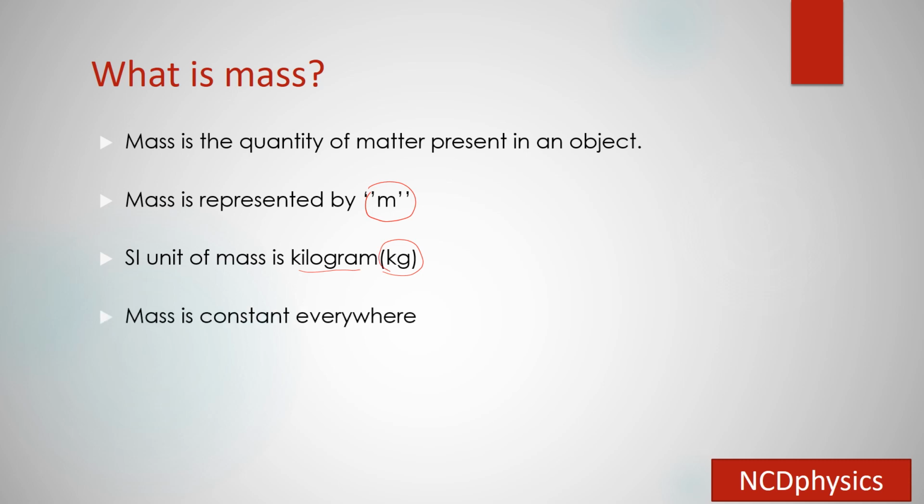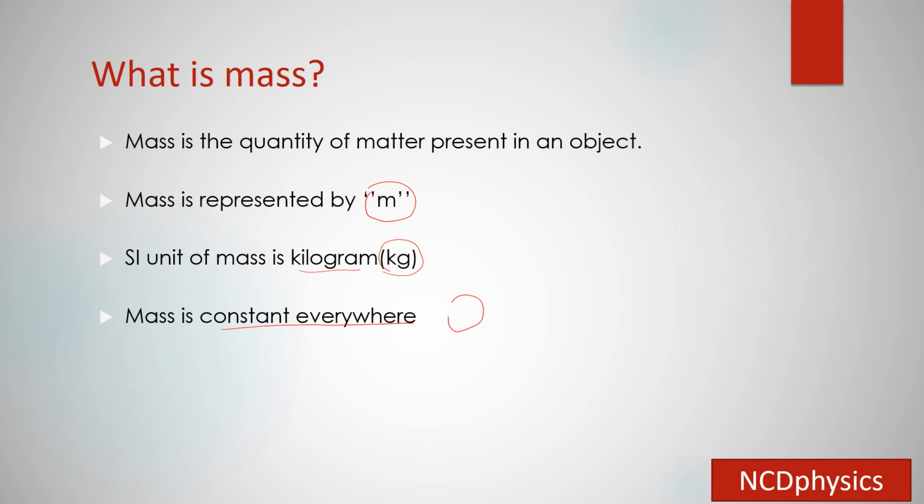So mass is constant everywhere. Yes, this is important. Mass doesn't change. So if you take a 2 kilogram object on the surface of the earth, that is 2 kilogram. If you take it to the moon, 2 kilogram. If you take it away from the surface of the earth, again it is 2 kilogram.